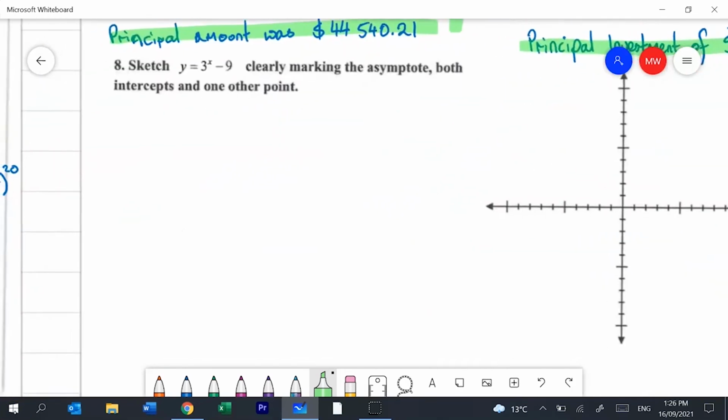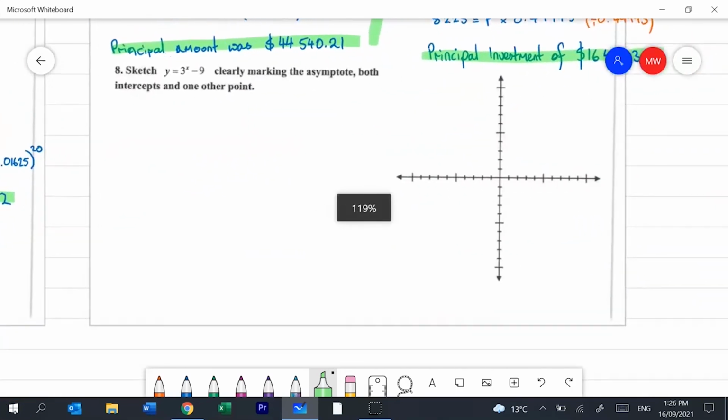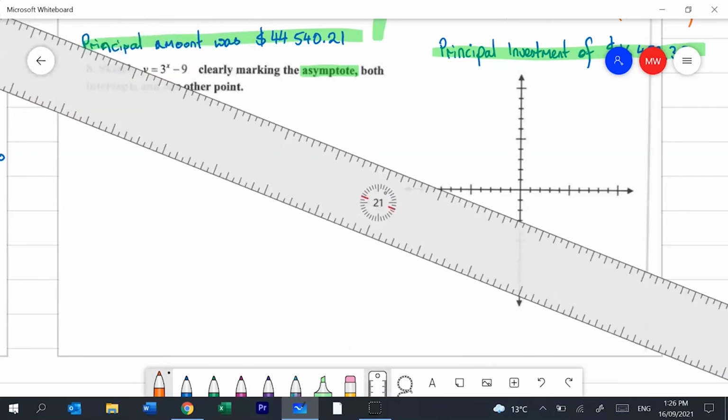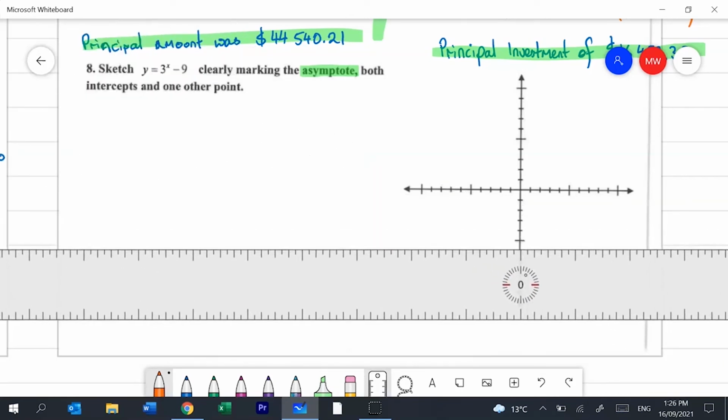One to go. We're going to do some graphing this time. And we've got a new word to learn, which is asymptote. Now, an asymptote is something we're going to have to mark on this, so I'm just going to start by marking this. The asymptote occurs up here. See how it's got a constant on the end of -9?